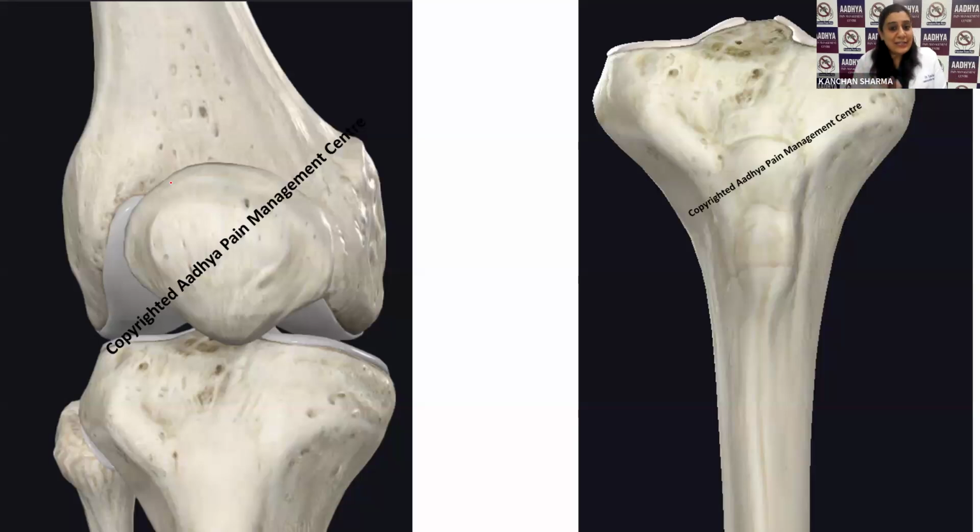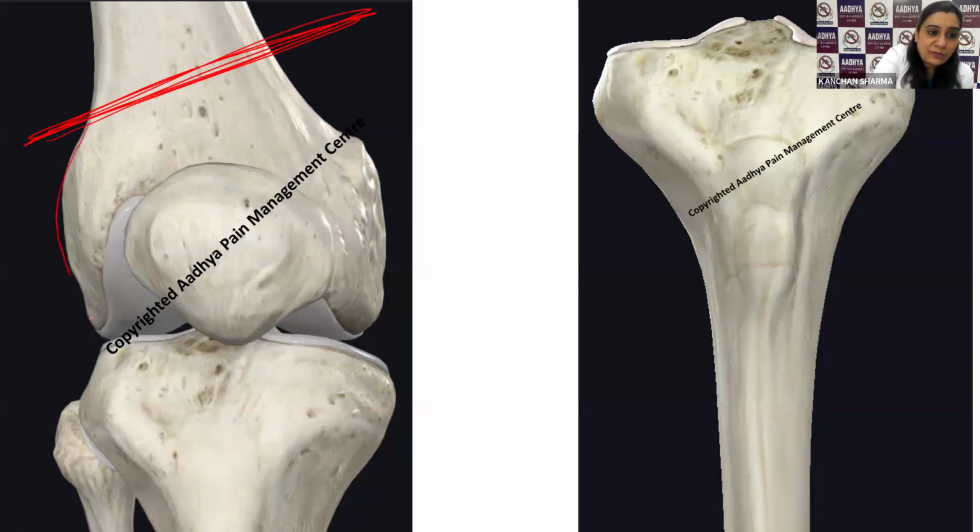So when we say knee joint, it is a synovial articulation between the distal end of the femur and the upper end of the tibia.